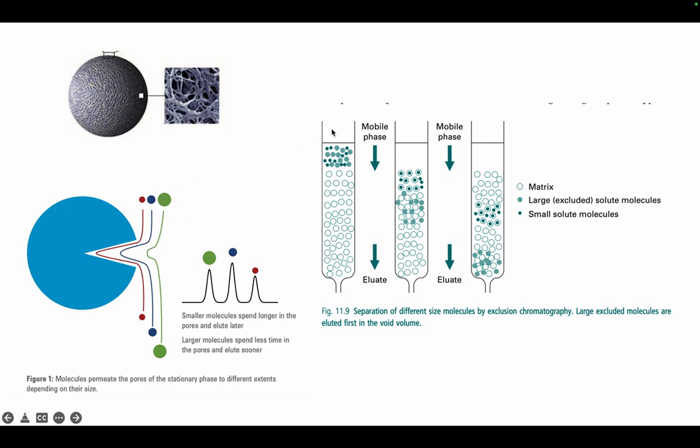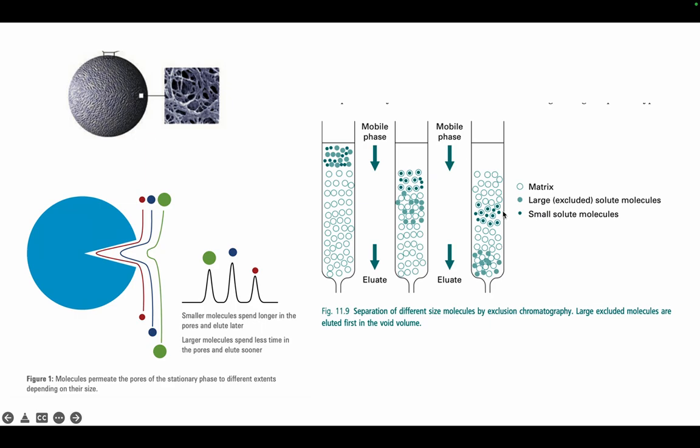So if we put this mixture of molecules into our mobile phase and pass it through our column, what is going to happen is that the big molecules have to travel less distance, so they come out first.